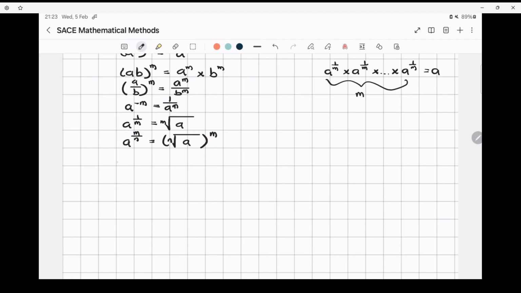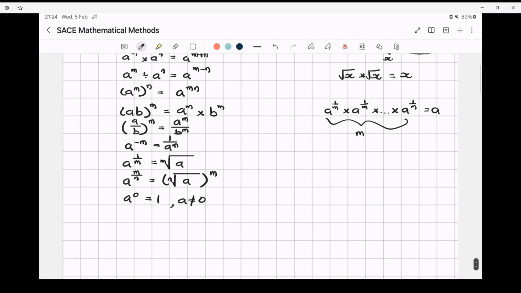So one thing that you need to know is that if a is to the power of 0, this is equal to 1, provided that a is not equal to 0. So in a sense, a to the power of 0 is kind of a definition.